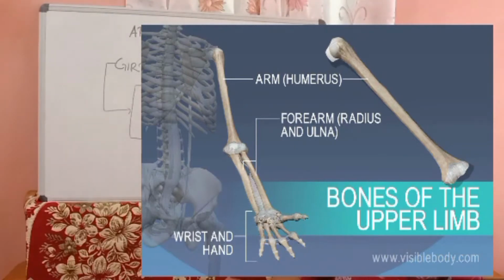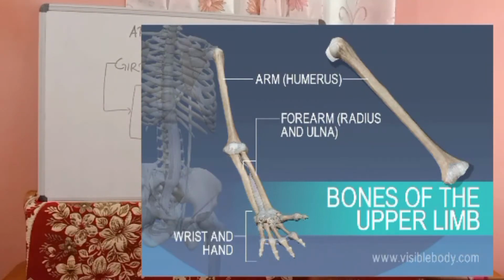Then comes your forearm. The two long bones of your forearm, as you can see there, are known as the radius and the ulna. The ulna is longer than the radius and is situated on the inner side of your forearm. The upper end of the ulna articulates with the lower end of the humerus, forming a strong hinge joint in the elbow region.